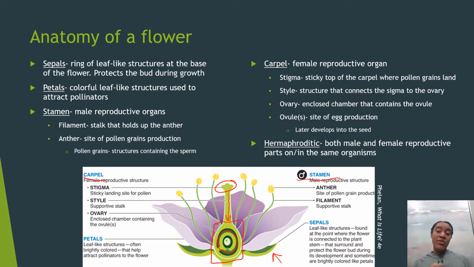But a hermaphroditic plant can also be a plant that has its male and female structures on different parts of the plant. So if you have, and we'll talk about this in a minute, corn. Corn has its male and female structures on the same corn stalk, but just in different sites within that stalk. And those are still considered hermaphroditic.